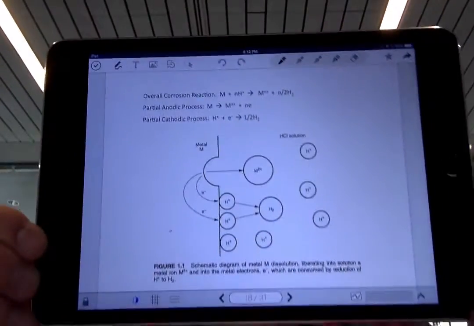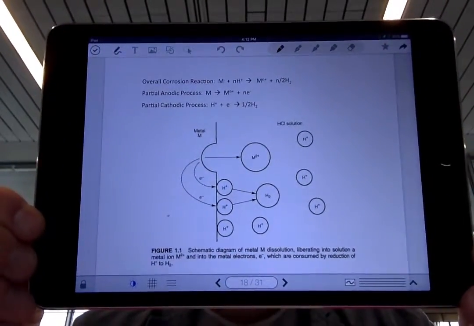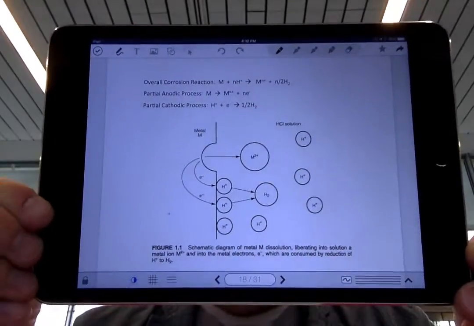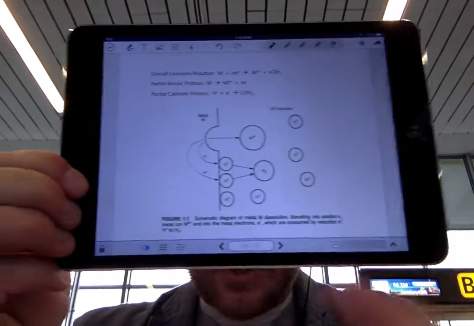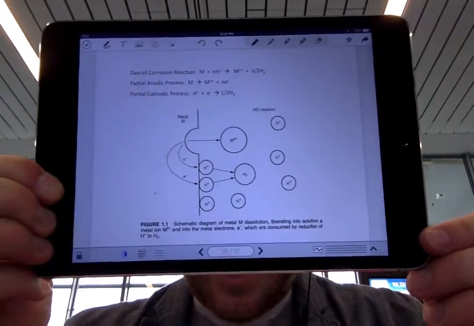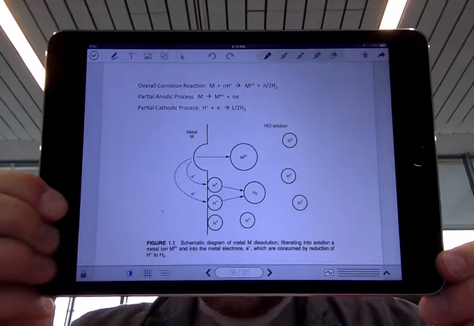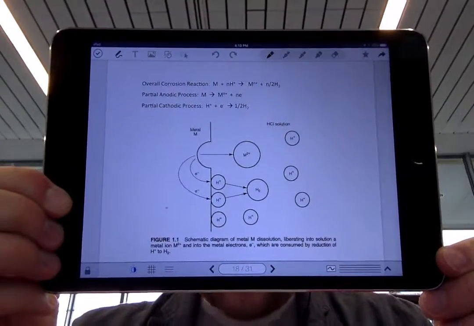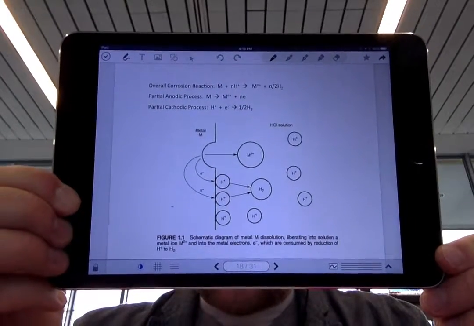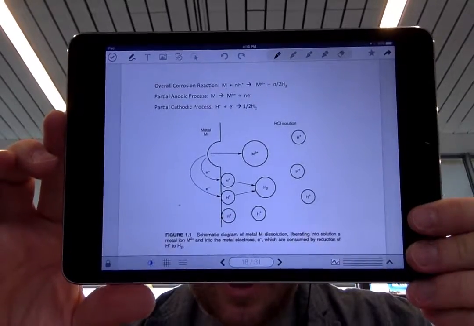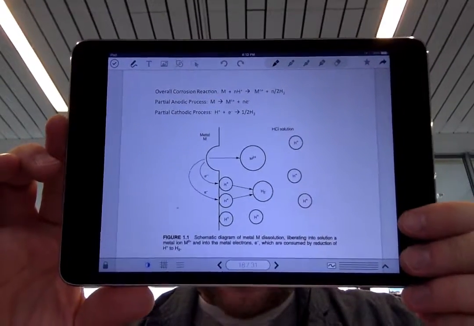So anyway, I want to emphasize this slide right here, and that shows the oxidation of a metal. You can see metal M goes to metal 2+, and so here's the metal right here, and it's going to metal 2+ ions in solution, and then this metal is in contact with HCl, or hydrochloric acid. What's being oxidized normally is the metal, and you see that reaction, and then protons in this case are being reduced.